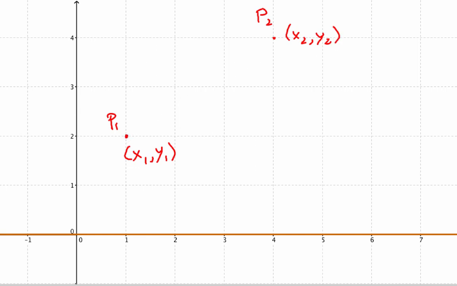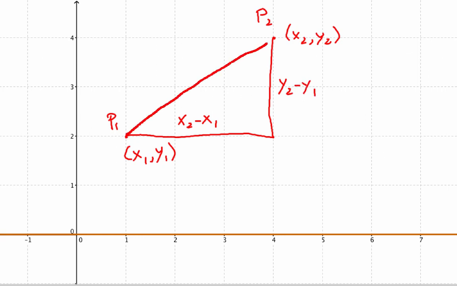Now, that means that this distance over here is x2 minus x1, and this distance is y2 minus y1. So the line connecting P1 to P2 has got slope which is defined to be y2 minus y1 divided by x2 minus x1. You could say that a straight line is that which has constant slope.